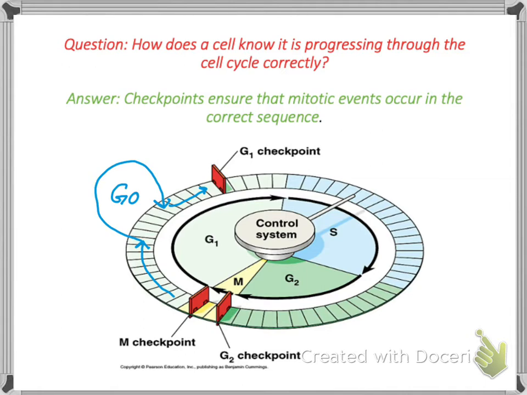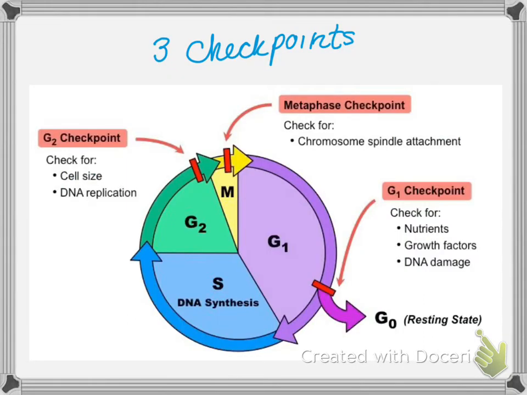So then it needs to then progress on to S. But before it can progress on to S, there's a checkpoint. And it checks and makes sure that the cell's okay. There's also a G2 checkpoint to make sure that everything happened well in S and G2. And there's an M checkpoint to make sure that mitosis is happening correctly. So let's go through each of these checkpoints and talk about them.